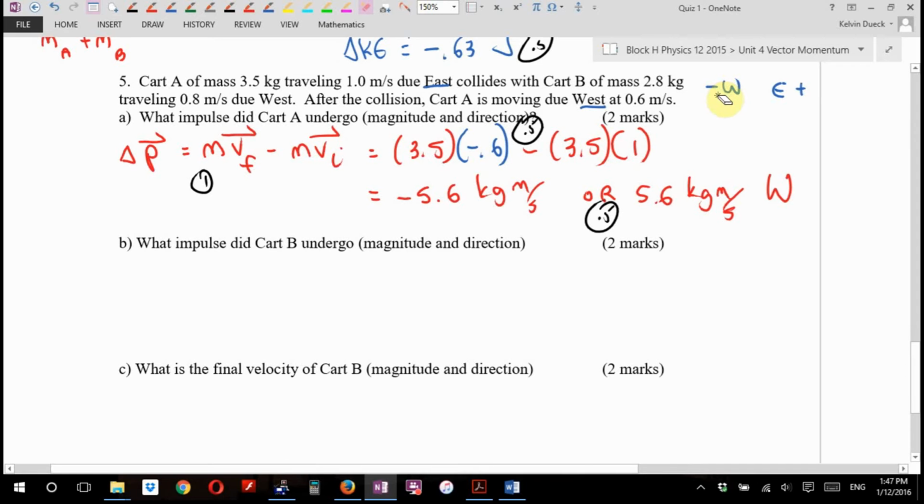I let west be negative, and I got a negative answer, right? The change in momentum that cart A experienced was to the west. Okay? Oh, what impulse did cart B undergo?